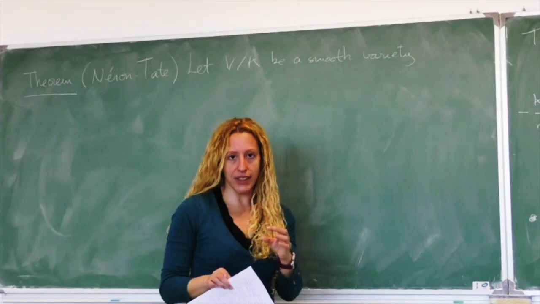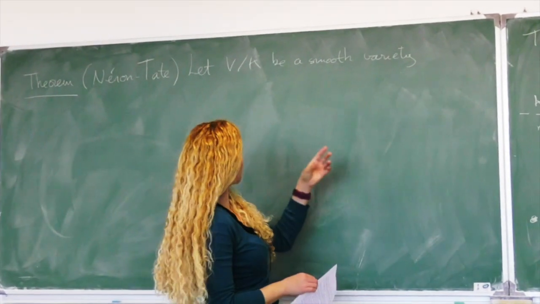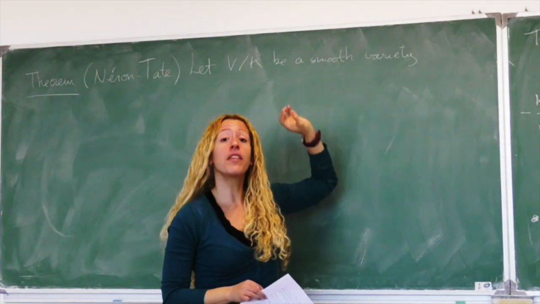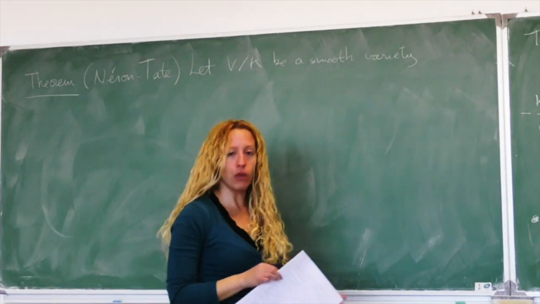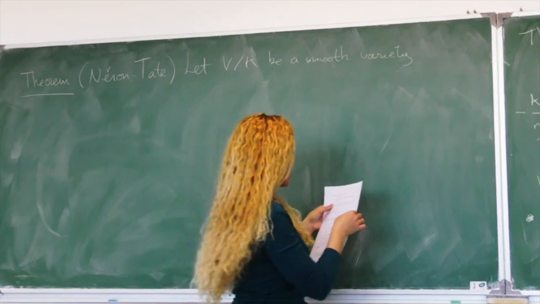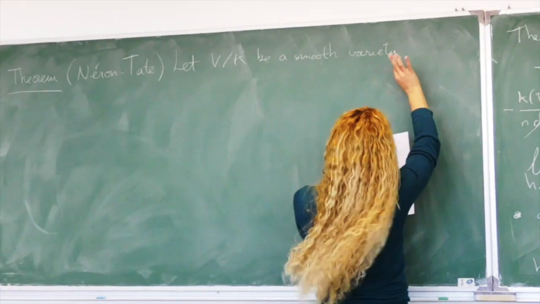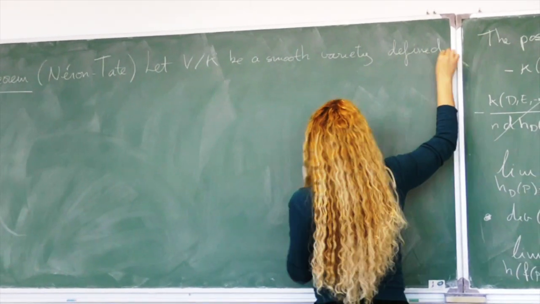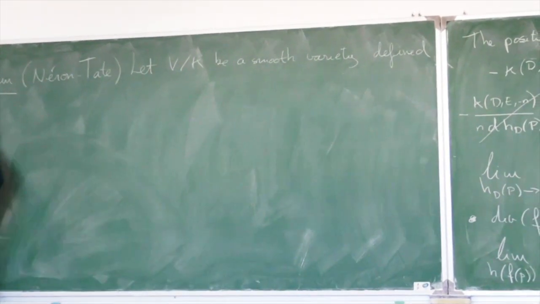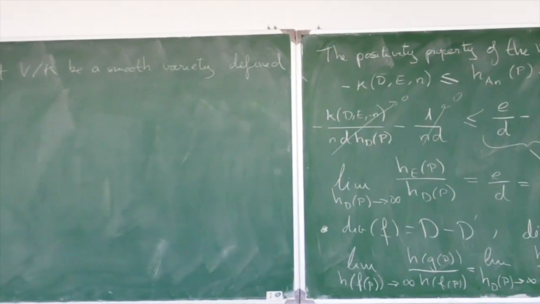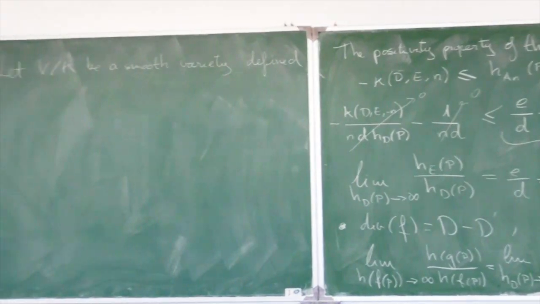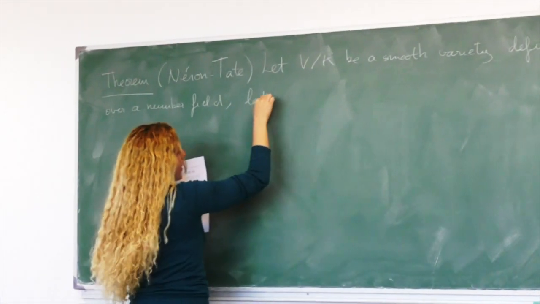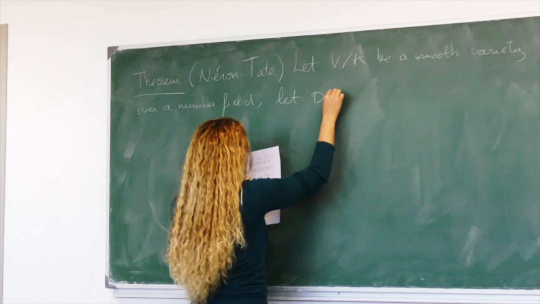But again, if you are interested, you can find in the references that I gave you small modifications of these results that also apply for varieties with some singularities. Okay, so we have our smooth variety defined over a number field, so K is a number field. We take, again, a divisor D.